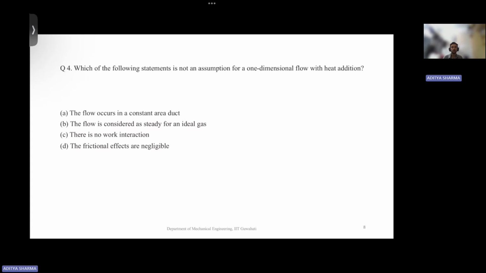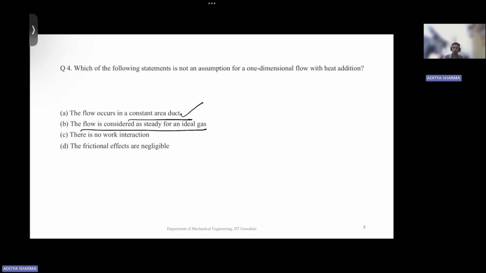The first option says that the flow occurs in a constant area duct. Then the flow is considered steady for an ideal gas. There is no work interaction. The frictional effects are negligible. So here, the first statement is there in the assumptions.